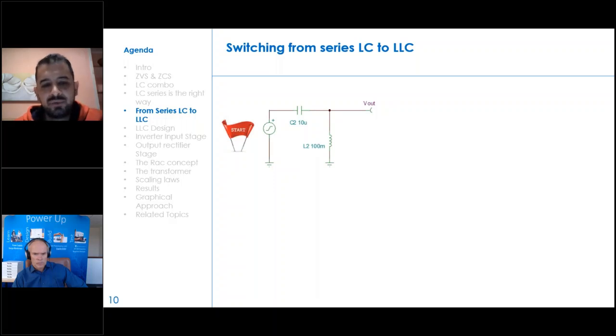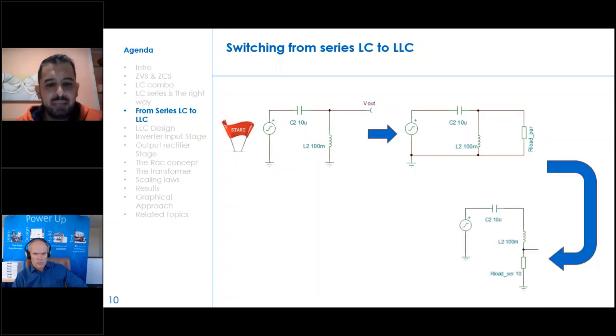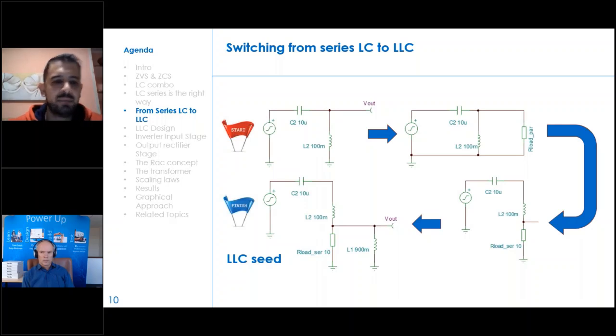So we started from the LC series circuit, then we added a parallel load, then by using the parallel to series transformation, we have placed the parallel load in series to the inductor, and then we have applied a bigger inductor, getting what is called the LLC seed, the kernel.